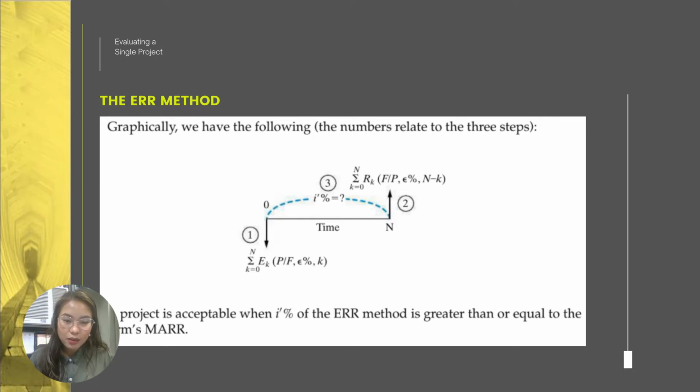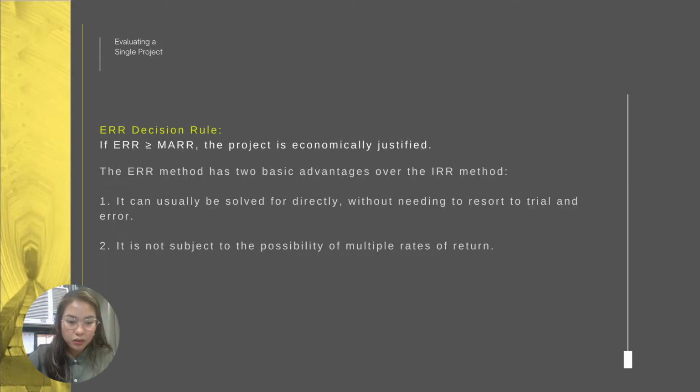A project is acceptable when the I% of the ERR method is greater than or equal to the firm's MARR. Of course, we have a decision rule, which I mentioned on the previous slide.